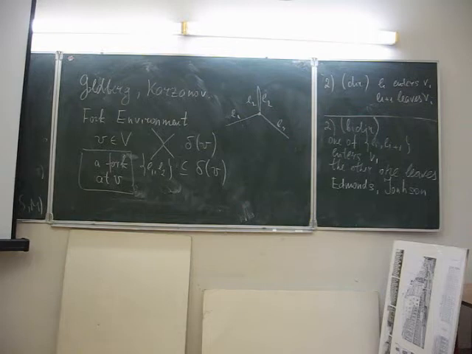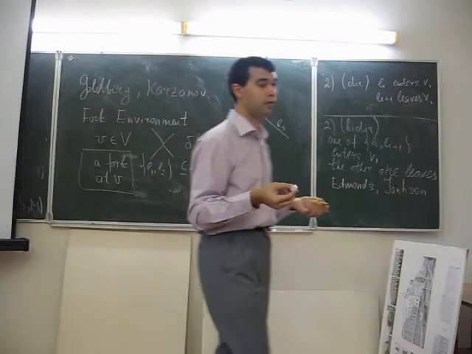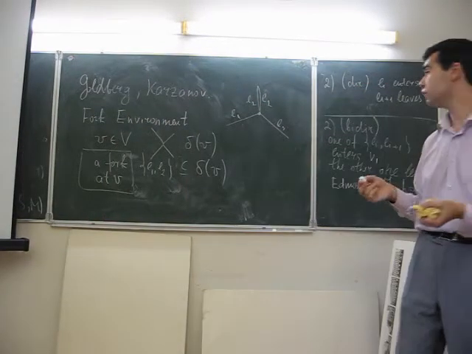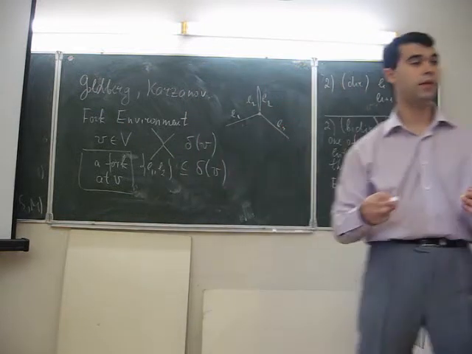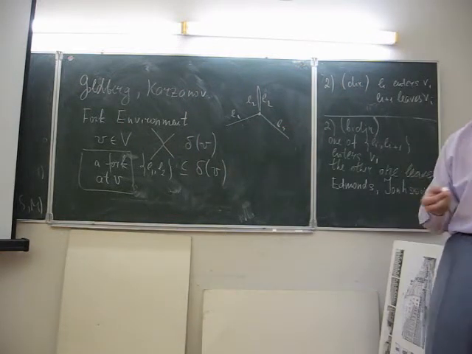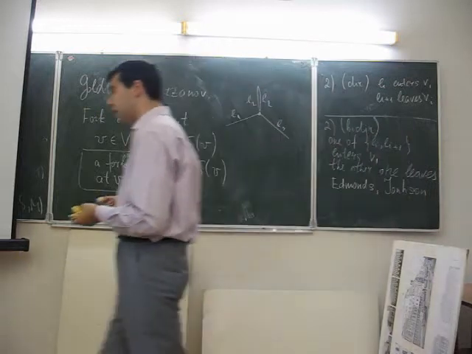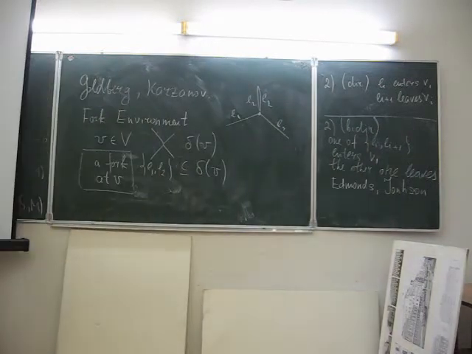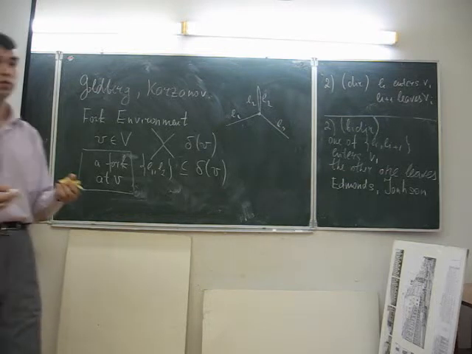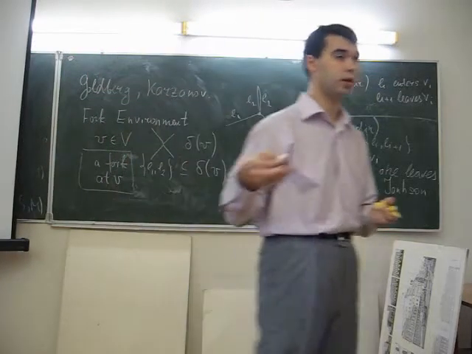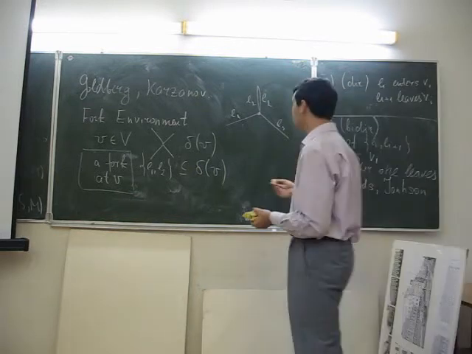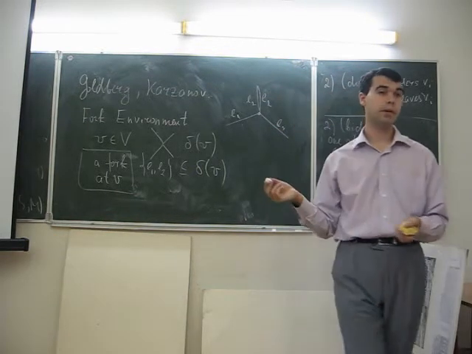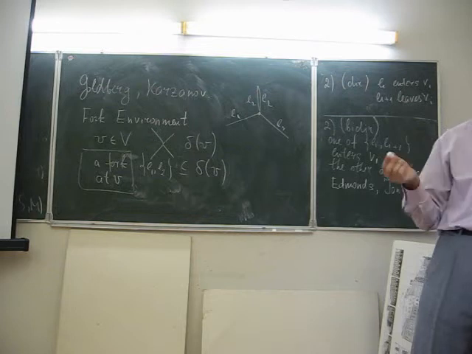If you are given a description of a graph together with the description of the corresponding fork environment, that is, for all nodes a list of all possible pairs, then it's possible to decide in linear time, if the size also includes the description of our fork environment, if we can reach one node from another by an edge simple walk, by a path.